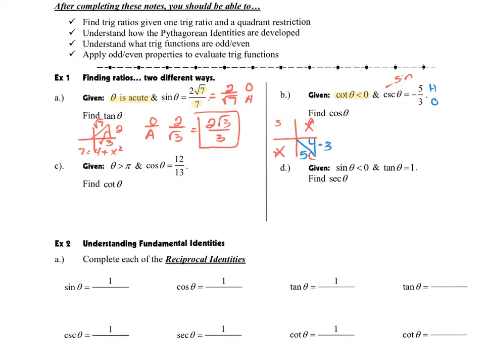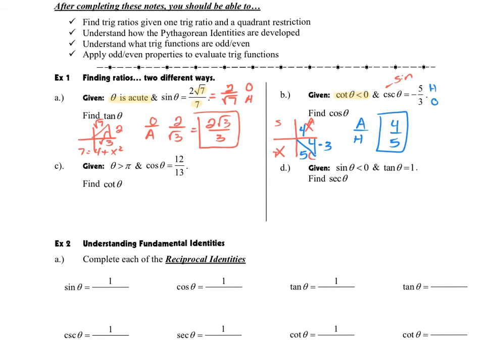And again, this is a quick Pythagorean theorem. In fact, this one's a Pythagorean triple, so I don't even have to write my Pythagorean theorem. I can just write a 4 there. That means I can jump into my cosine, my adjacent over my hypotenuse, and I'll get 4 over 5.